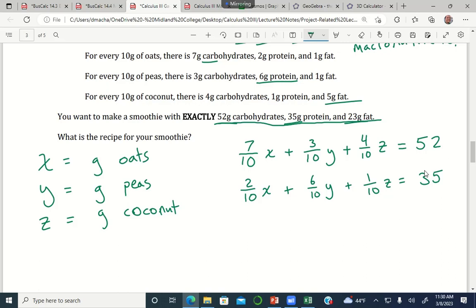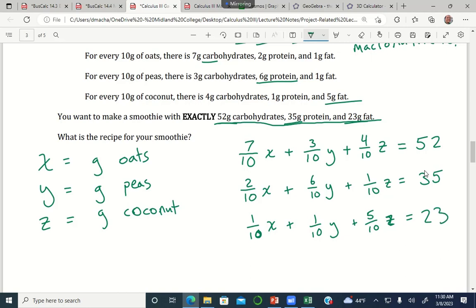So that's my protein equation. And then lastly, for my fat equation, I'm going to write 1/10 x plus 1/10 y plus 5/10 z equals 23, because I want 23 grams of fat total.